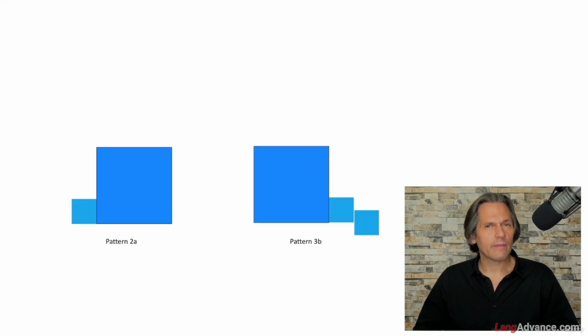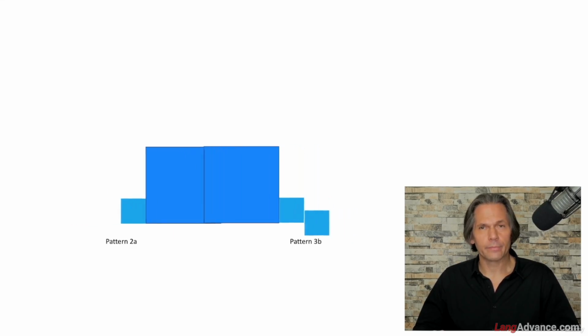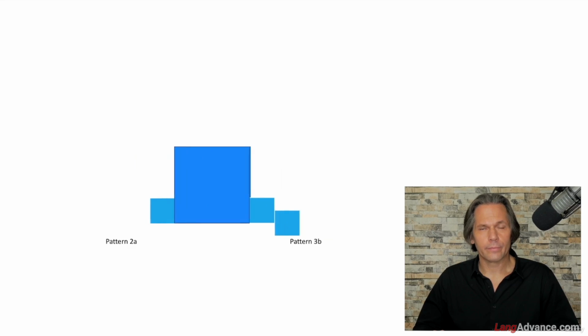And we can really think of this pattern as being these two patterns, pattern 2A and pattern 3B, happening at the same time, and creating pattern 4A. So let's just drill a few times with nonsense syllables and a few times with words to make sure we're comfortable with the pattern.